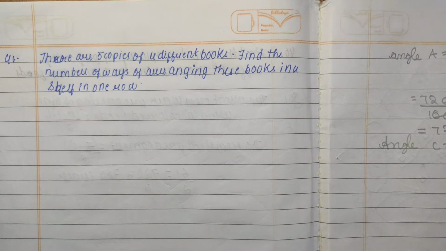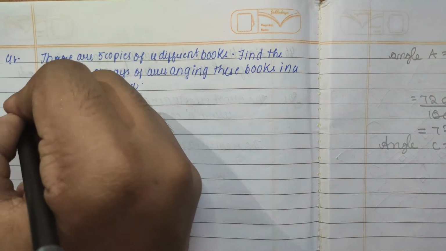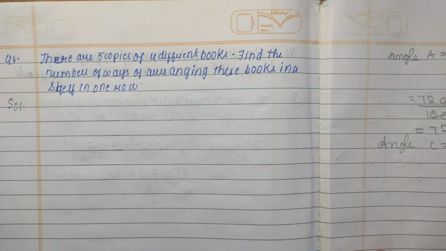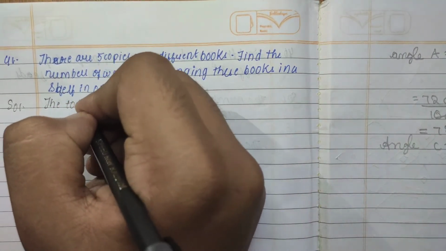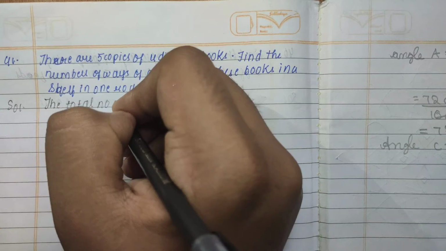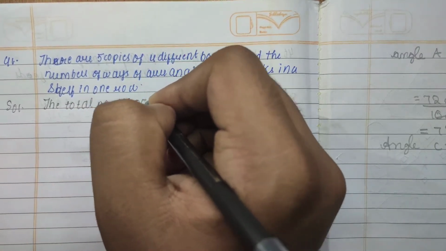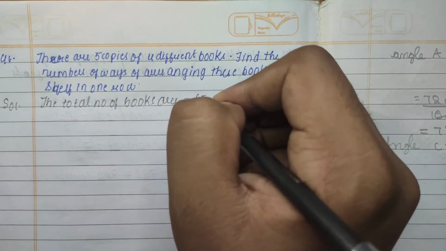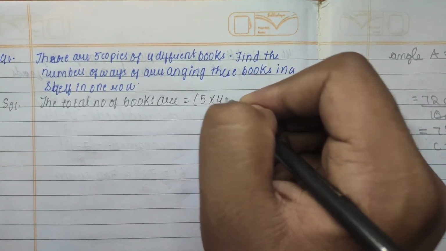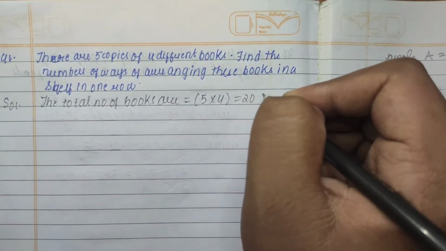So coming to the next problem, it is given that there are 5 copies of 4 different books. Find the number of ways of arranging these books in a row. So 5 copies, the total number of books are 5 copies of 4 different books, that is 20 books.